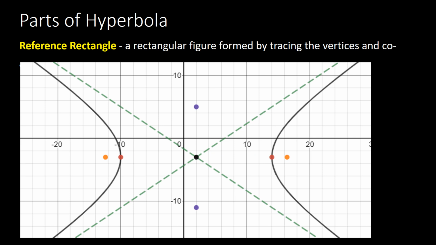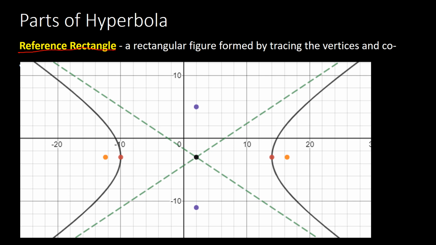We have also the reference rectangle, because in graphing our hyperbola, we will be guided by the reference rectangle. The reference rectangle is a rectangular figure formed by tracing the vertices and the co-vertices. Later on, we will deal with that once we are graphing our hyperbola.